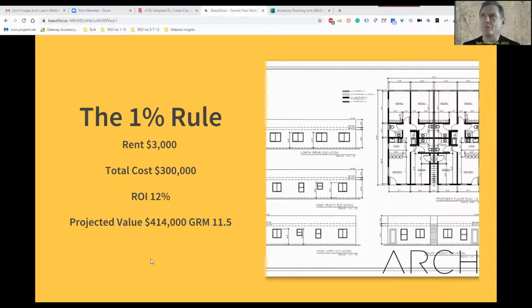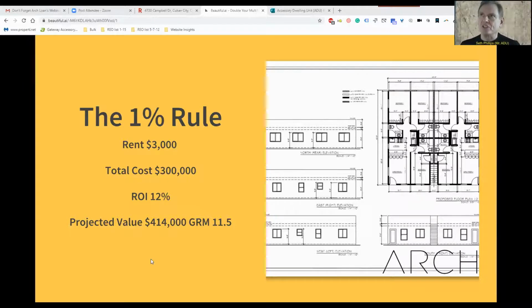Now, another part of the home run is going to be in the equity value it creates. So using, once again, this property as an example, in this area, the GRM, the gross rent multiplier for a B plus A minus building would be 11.5.